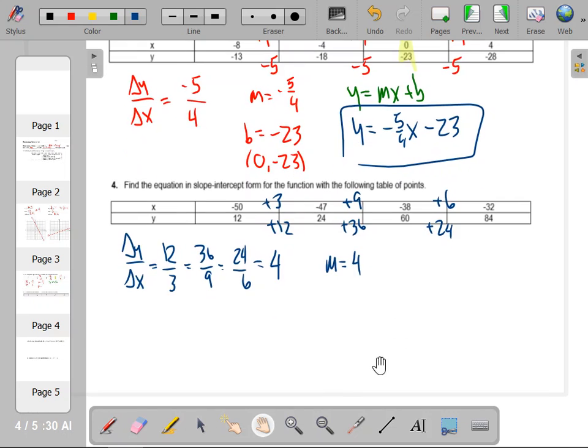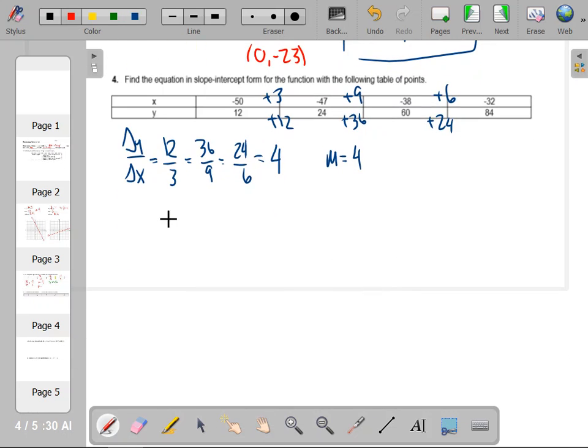But I'm not given the y-intercept in this equation, so one strategy you can use is you can write an equation. We can say the slope is 4, but we don't know b, so y equals 4x plus b. We're going to pick any of these points. It doesn't matter which one you pick. I'll just pick the first one. And I'm going to write an equation. So y, I'm going to use this xy pair.